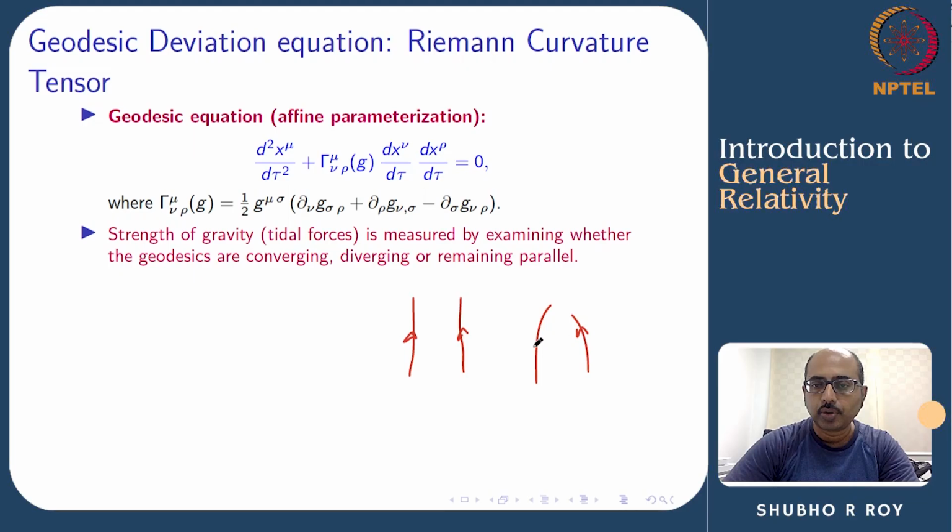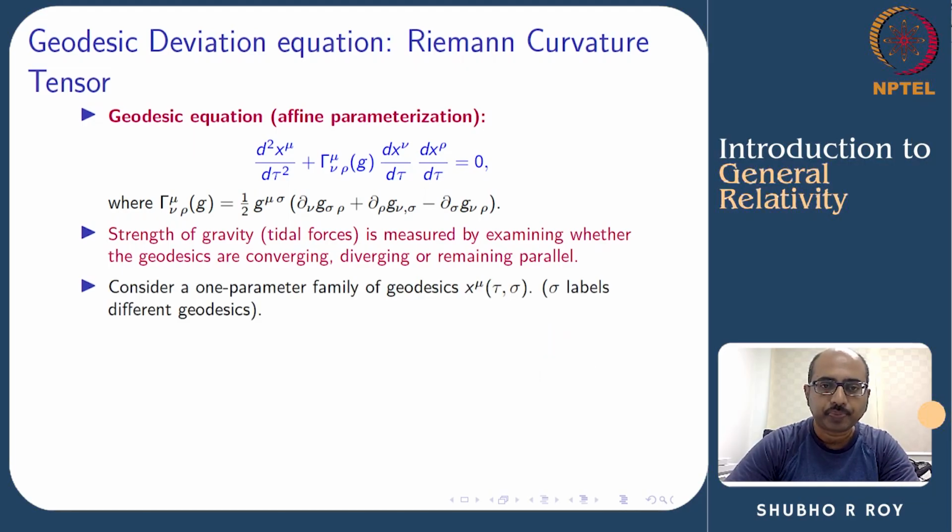For example, as you can imagine, if there's the sun and two objects are moving, they get gravitated towards the sun. So that will cause the geodesics to converge or sometimes diverge. So the geodesic equation measures gravitation via this convergence or divergence property of geodesics.